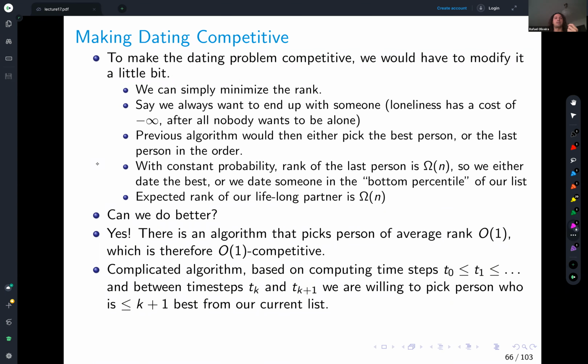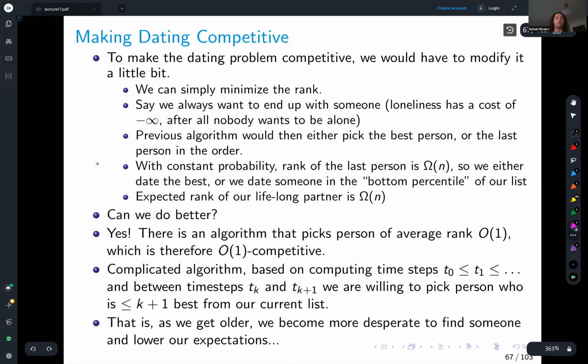So between T0 and T1, we're only picking the best. We're very picky. But then T1 passes and we're getting older. We're like, okay, maybe I already saw the best. Let's go for the second best. Between T1 and T2, I'm going to pick the second best person that I've seen. Does that make sense? And you have to compute these time steps to optimize all of this.